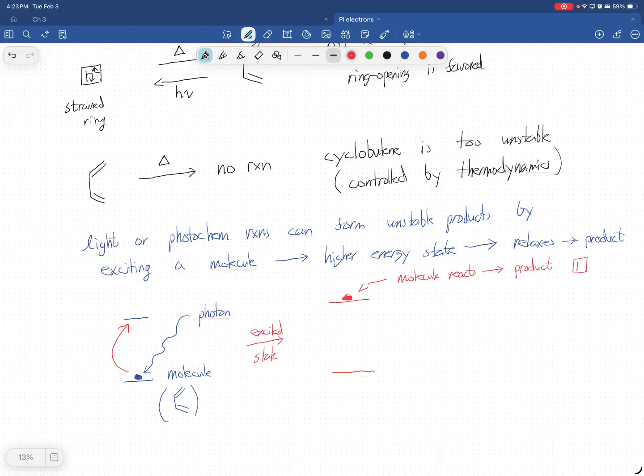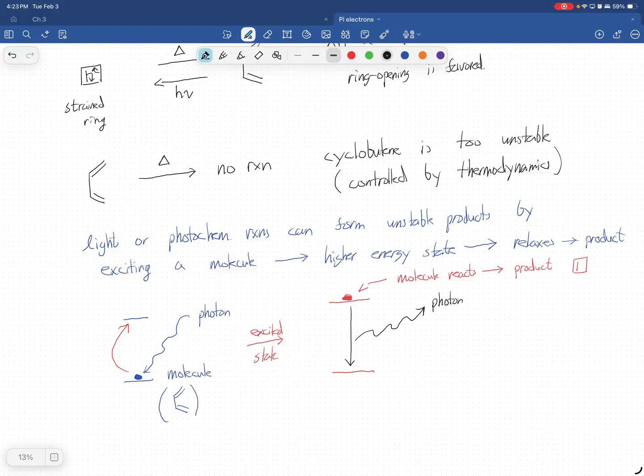Our product here was the cyclobutene ring, like that. Now, once that molecule has formed a product, it's not going to be stable, so it's going to jump back down right here, releasing that same photon of light that it absorbed, and now you have converted to the product.